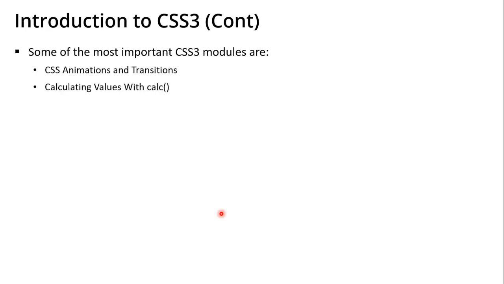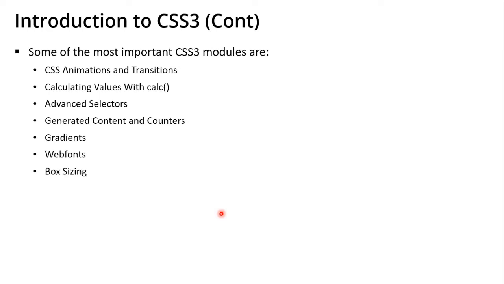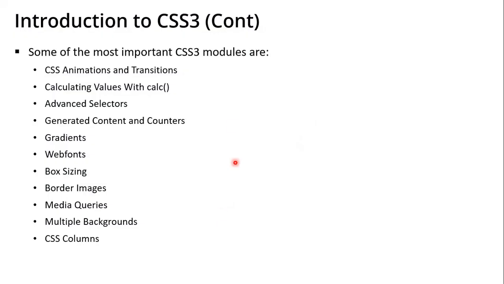We can provide animations, and calculating values with the calc calculator. We can use advanced selectors, generated content and counters, gradients, web fonts, box sizing, border images, media queries, multiple backgrounds, and CSS columns. So these are all important modules of CSS3. So this is the CSS3 introduction.